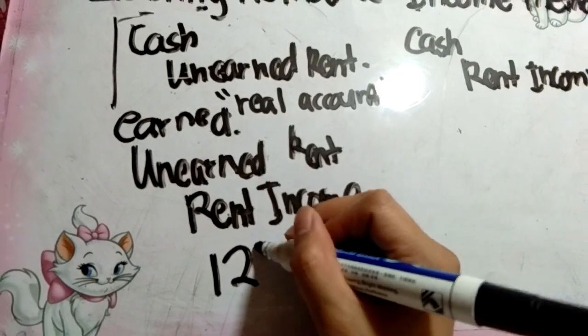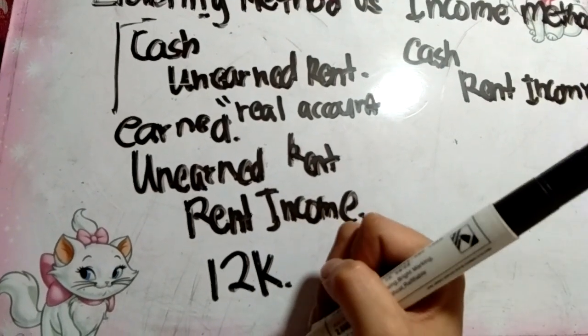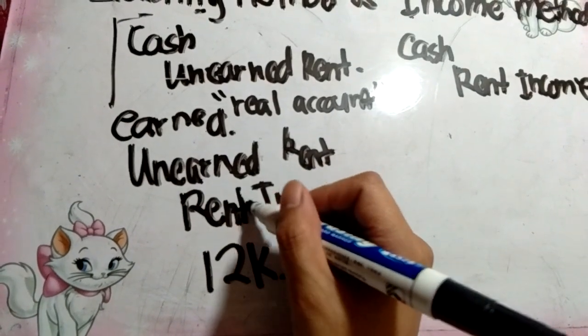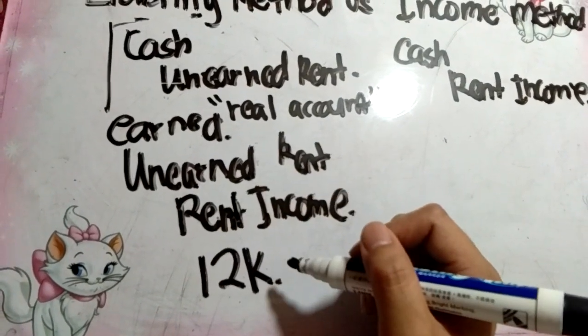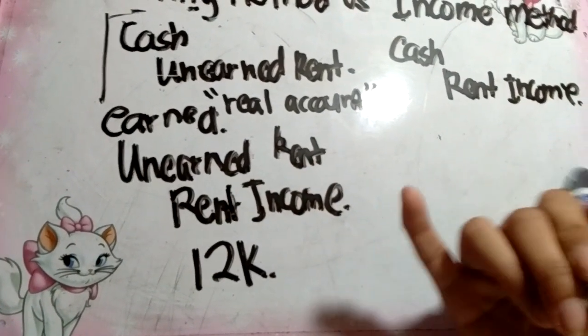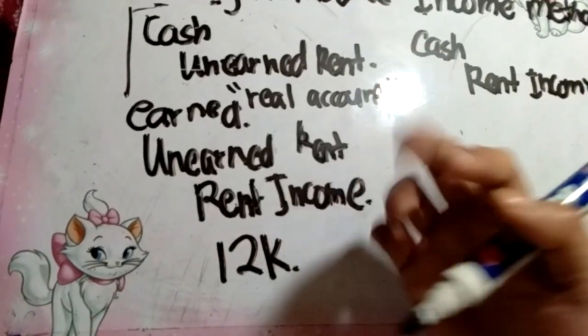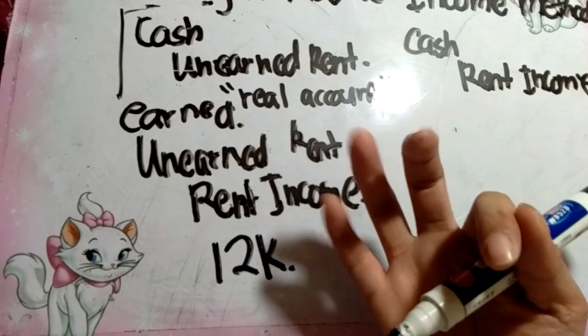So for example, you have 12,000 that the customer gave you for the rent, and they started occupying the space on October. So October, November, December, three months were used.